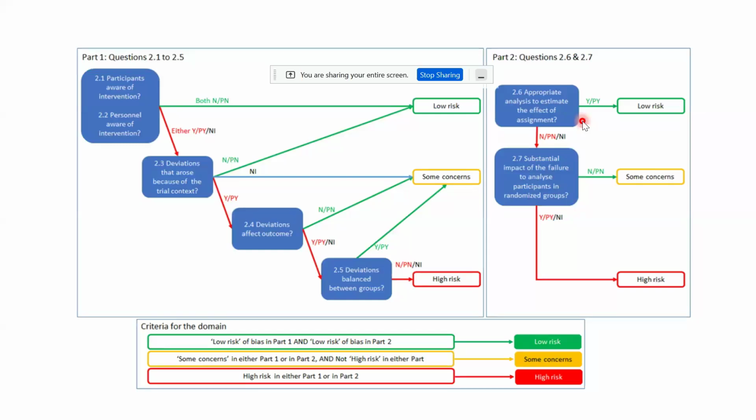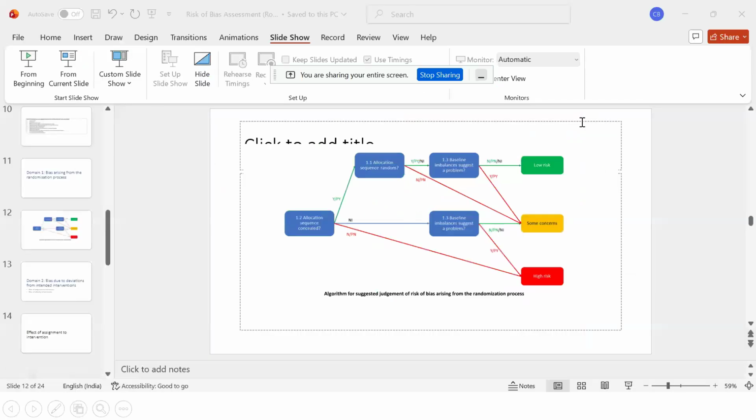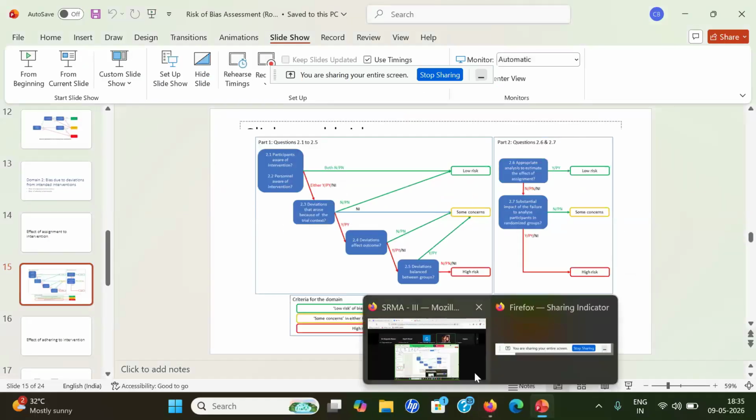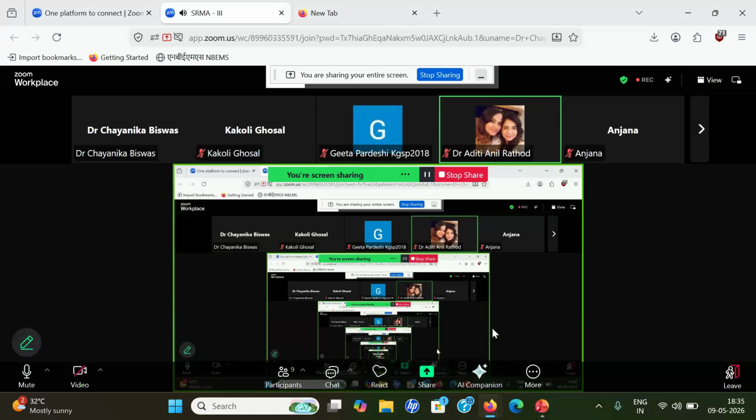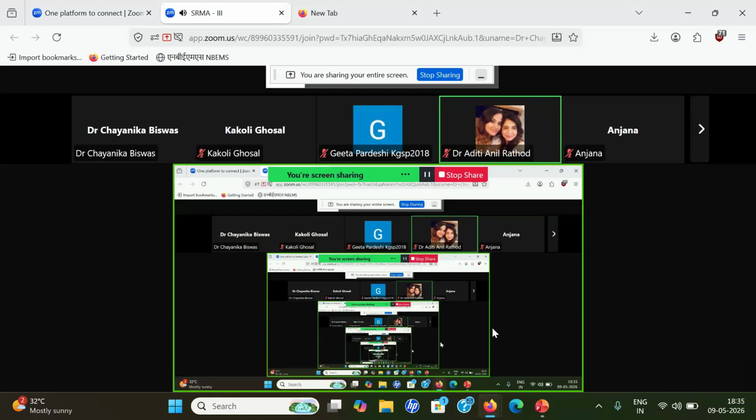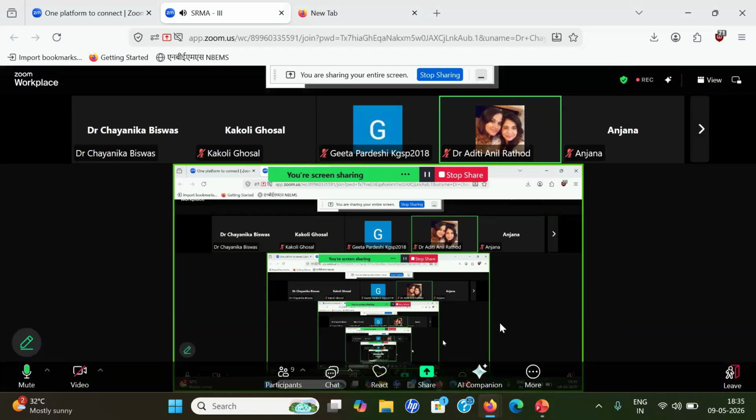What are the methods of analysis that are done in the case of randomized trials? Anybody knows any methods of analysis that are done in the case of randomized trials?